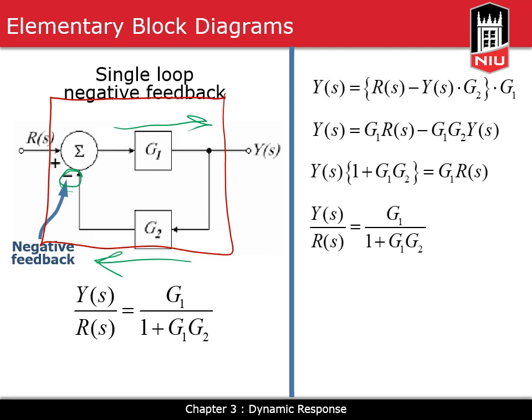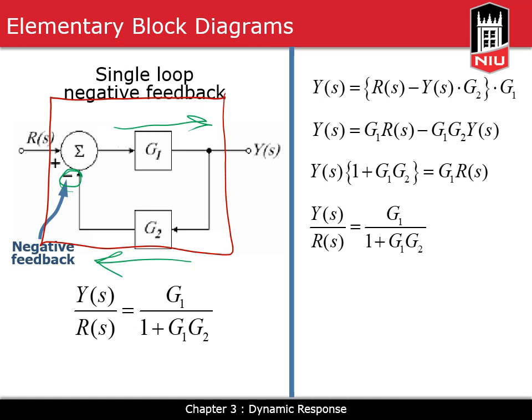It is easy to prove this. What we can do to prove this is to start finding Y. The equivalent transfer function is Y over R. So what we have to do is to find Y as a function of R and then divide both sides by R.